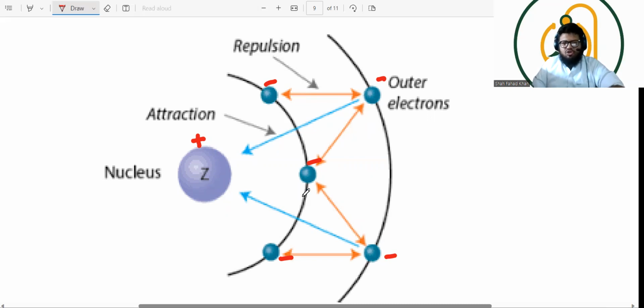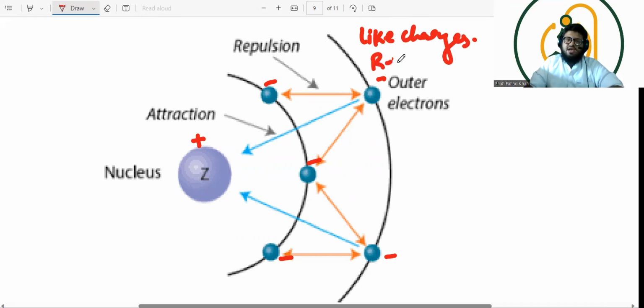But what would these electrons do? Are they also negatively charged? Yes, they are. If they are negatively charged, and this is also a negatively charged electron, the inner electrons would actually exert an opposing effect on this outer electron. The inner electrons would actually repel the outer electron because these are like charges, and you know that like charges always repel each other.